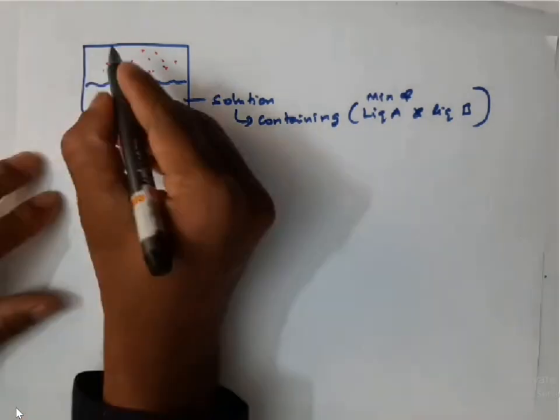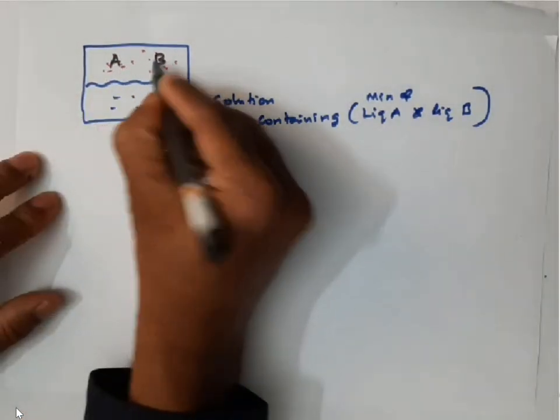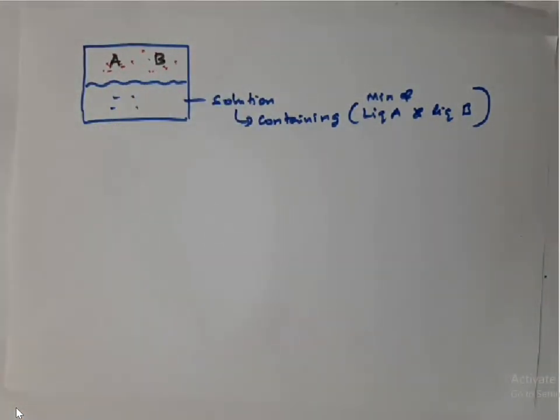So in the vapor we have A molecules as well as B molecules. Both the molecules will be there.